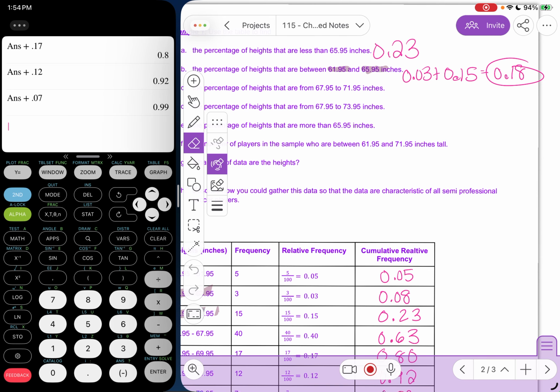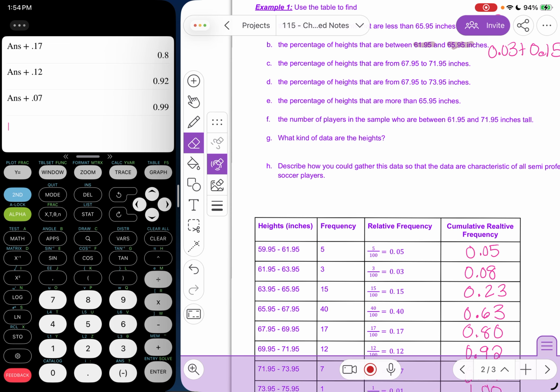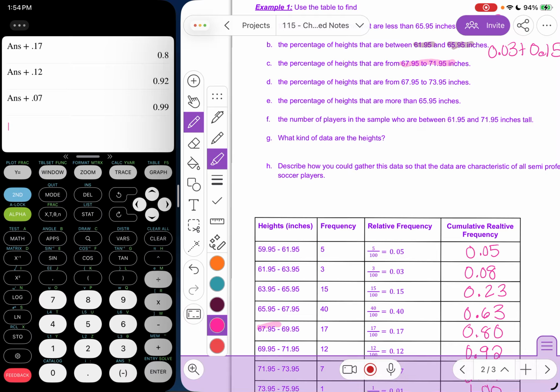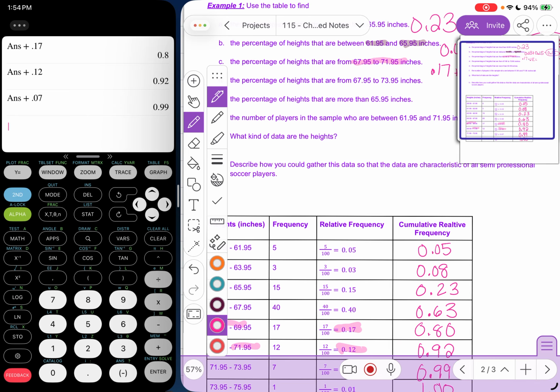Now we go to the next one. Percentage of heights from 67 to 71. So that's these two rows. So 0.17 plus 0.12 is 0.29.